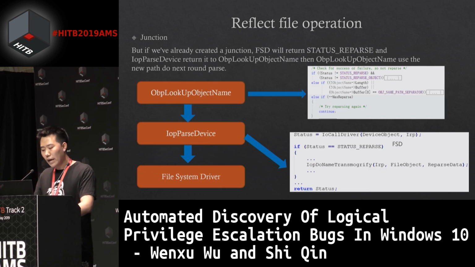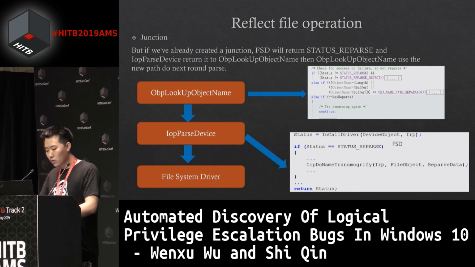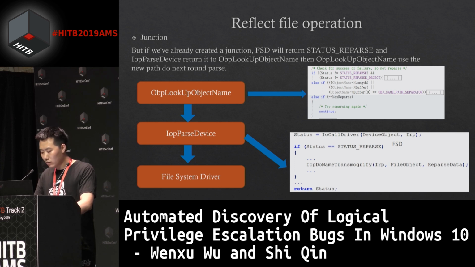But if we have already created a reparse point, FSD will return status reparse to the ALP pass device function. Then the ALP pass device returns the status reparse to the OBP lookup object name function.